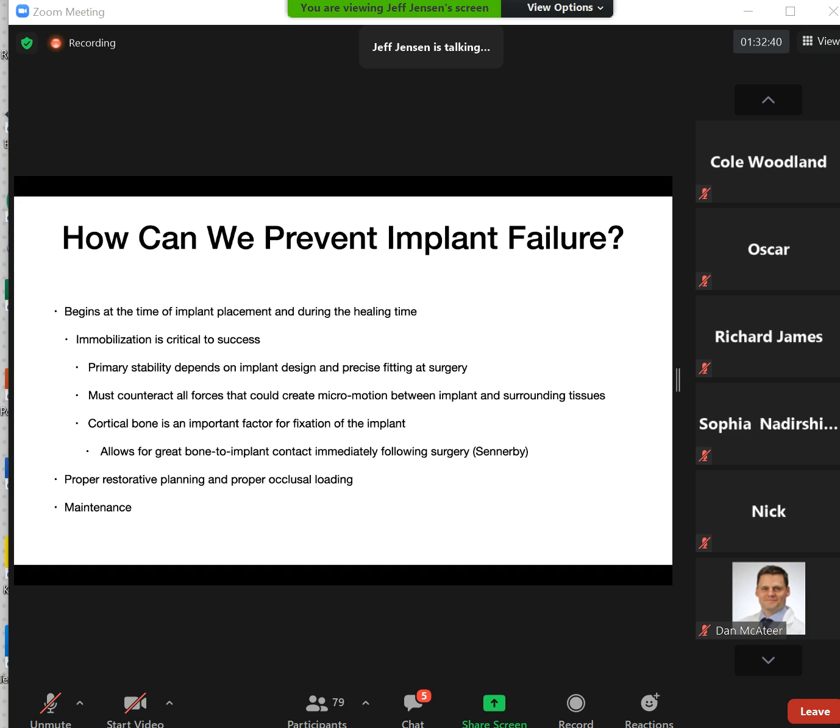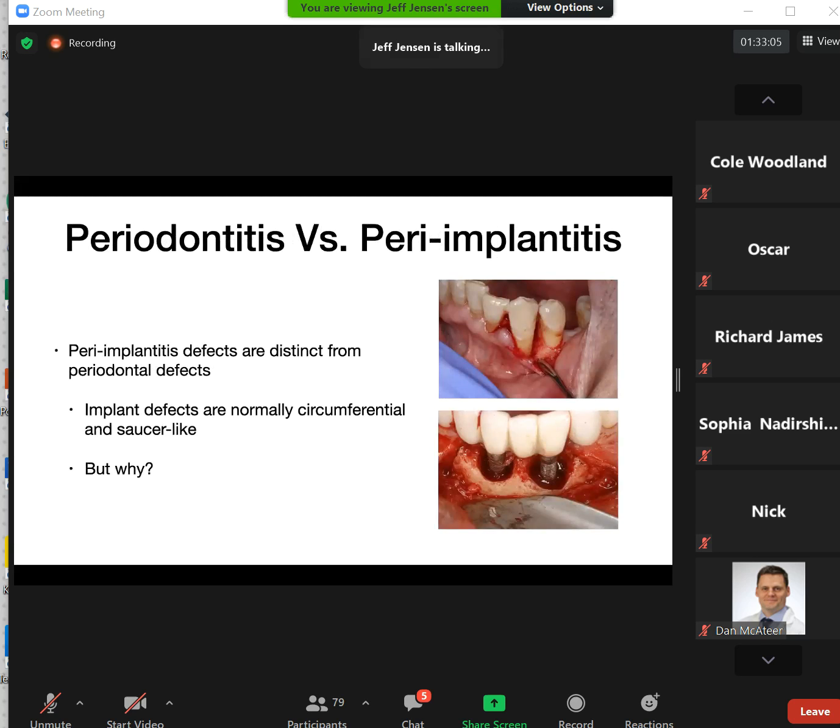We want to properly plan for restoration and check our occlusion and make sure our occlusion's on point, so that when the restoration is placed and fitted, it's not overloading the implant. And then maintenance. Like we said in the slides before, the patient needs to understand that long-term maintenance of an implant is what's going to be the key to being successful there.